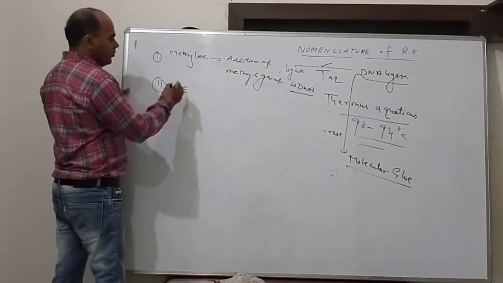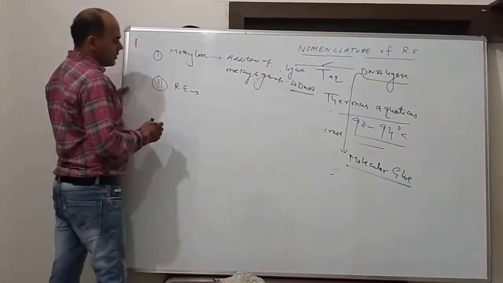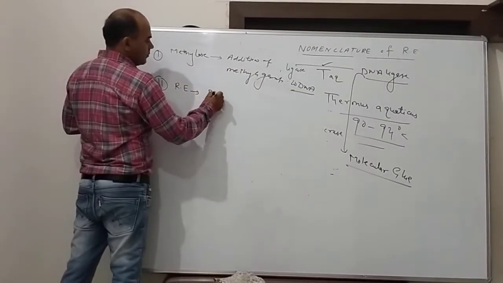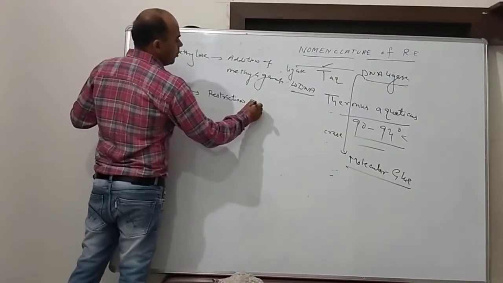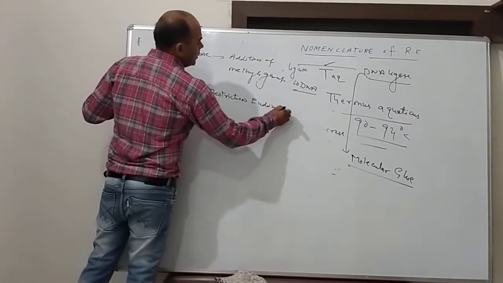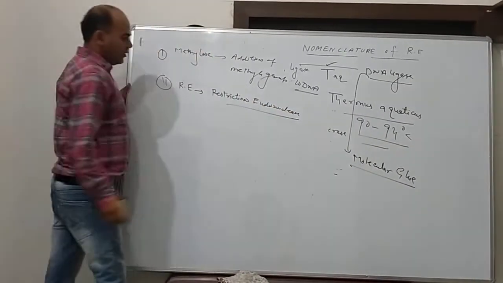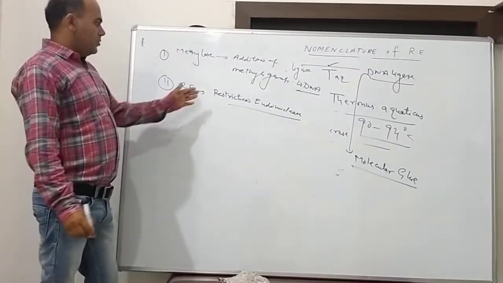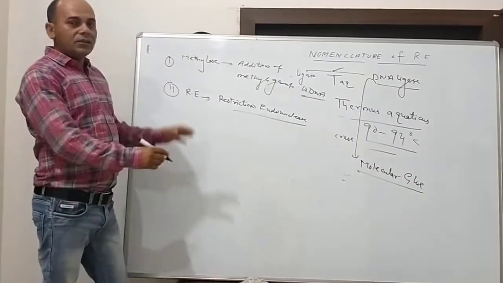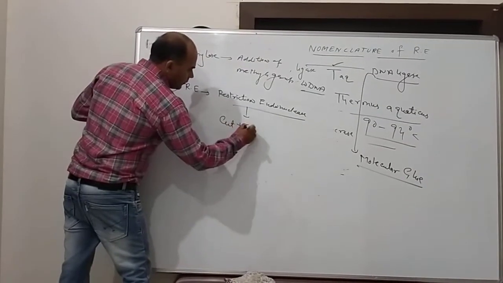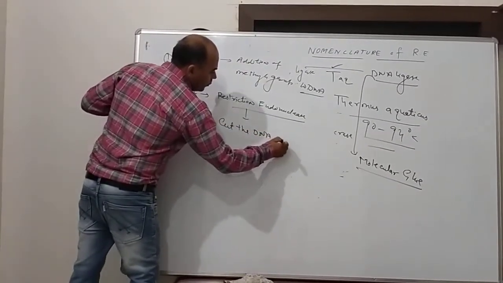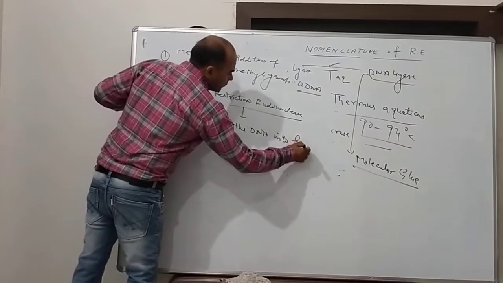Then what is the function of RE? RE stands for restriction endonuclease. What is the function of these enzymes? The major function of these enzymes is that they cut the DNA into fragments.